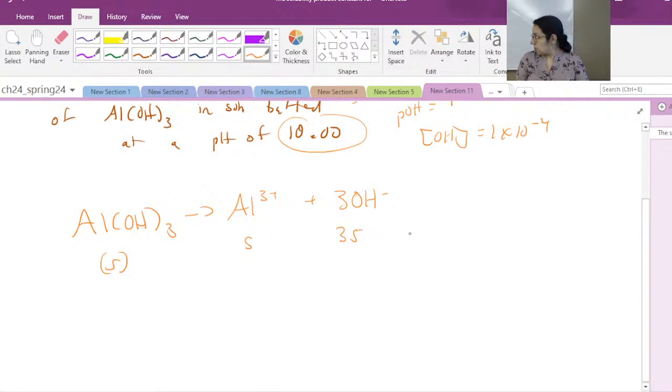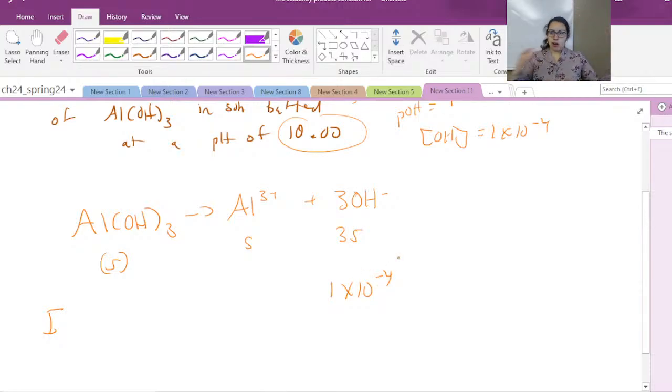So write out your reaction, and we have our dissociation with our 3S. Then we'll plug in our actual concentration, so our initial conditions. Initially we have 1 times 10 to the -4 concentration of hydroxide.